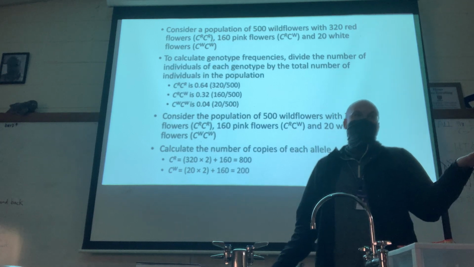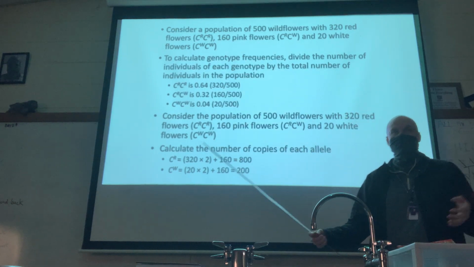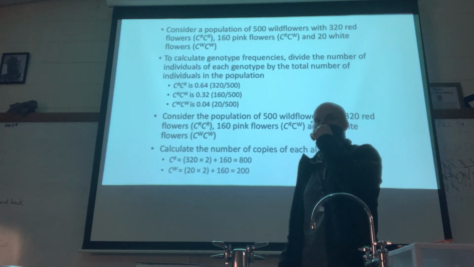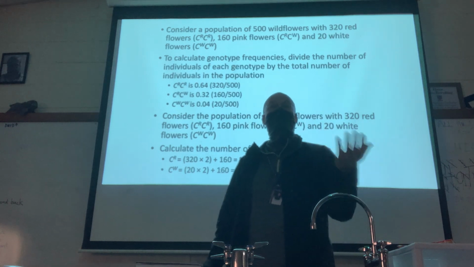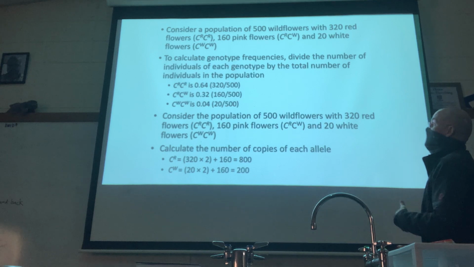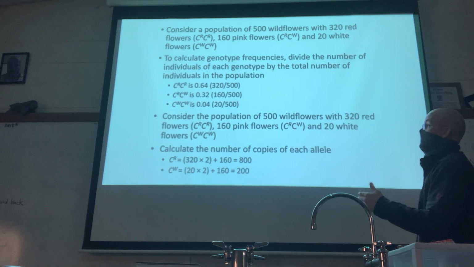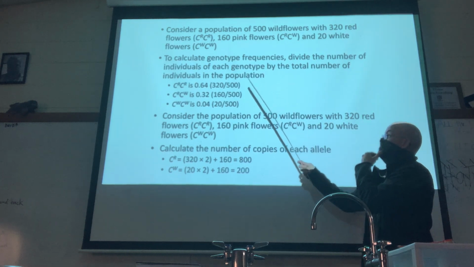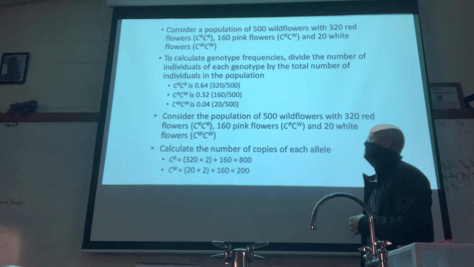You did some of this with Punnett squares when you wrote out the Punnett square and you guessed that there might be a 3-to-1 ratio or a 75-to-25 breakdown of certain offspring. Well, we could just look at a population and take these frequencies.